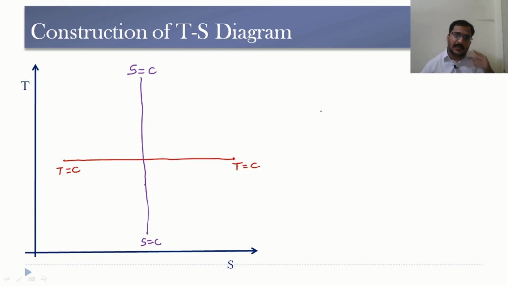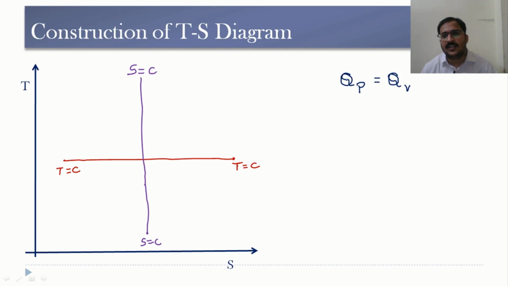Now, in order to construct constant pressure as well as constant volume lines in the TS diagram, we need to assume one particular thing: for both the processes, the heat transferred is the same. Heat transferred during the constant pressure process is equal to heat transferred during the constant volume process.